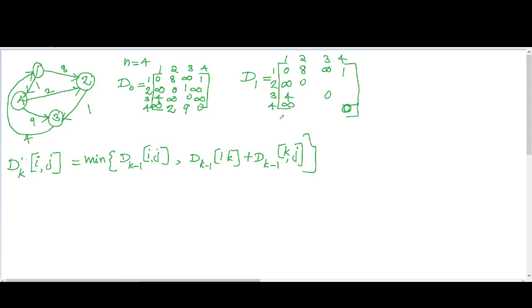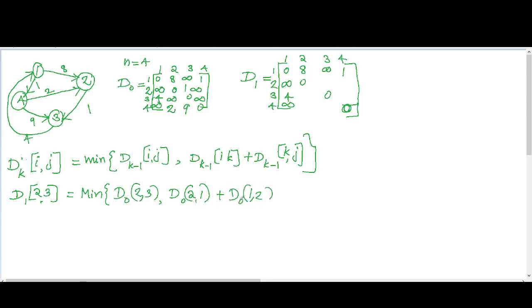Now we have to find the other entries. At first we have to find D1 of 2, 3. Using this formula, this will be equal to minimum of D0 of 2, 3, then D0 of 2, 1 plus D0 of 1, 3.